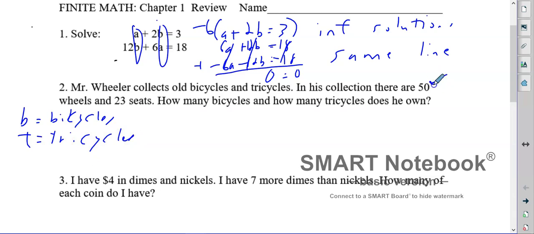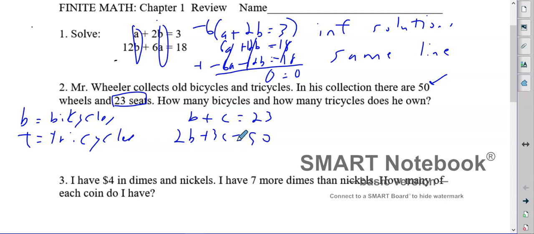Now, that is a value number because there's different wheels on different bikes. But seats, that's the number of bikes there are. So that means B plus T equals 23. There are 50 wheels. There are 2 on each bike and 3 on each tricycle. And there you have it.